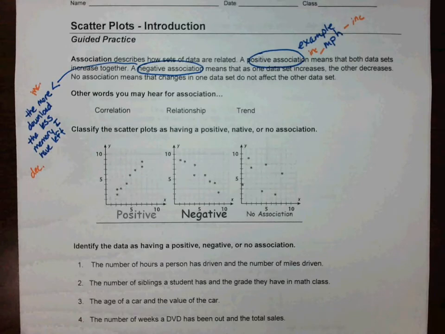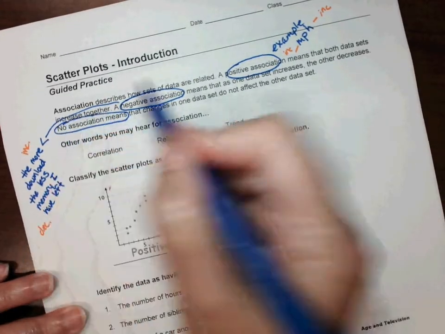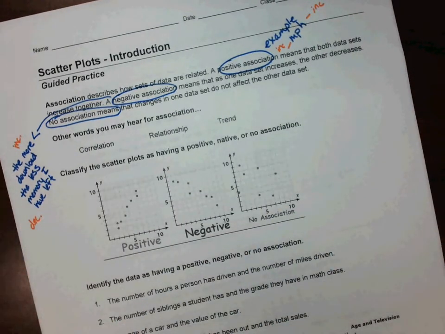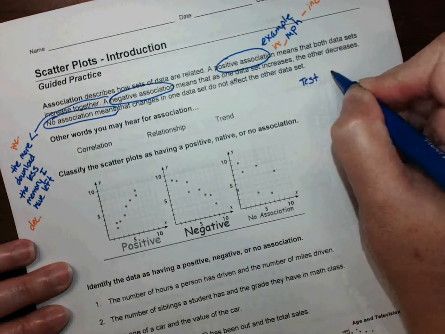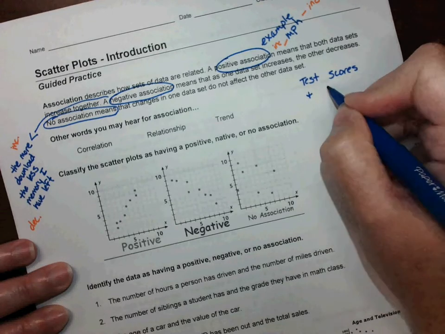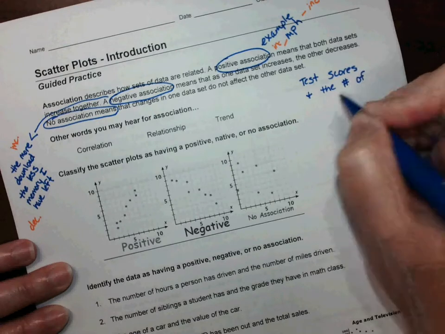There's no correlation at all between the two variables. So an example might be your test scores and the number of siblings you have.